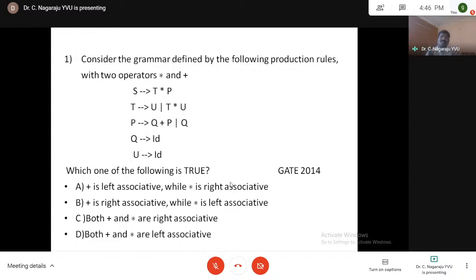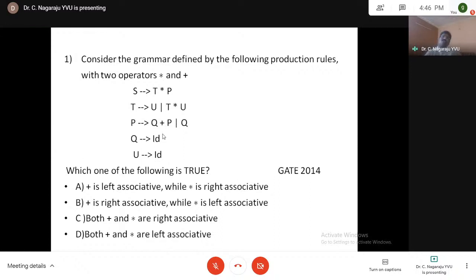But only for this particular grammar. In a C program, when they ask, you have to say that it is left associative. So only for this particular grammar, plus and star. That's why B is the answer.